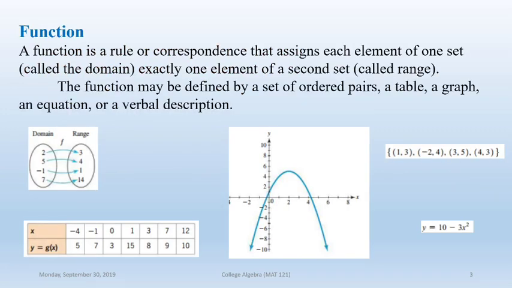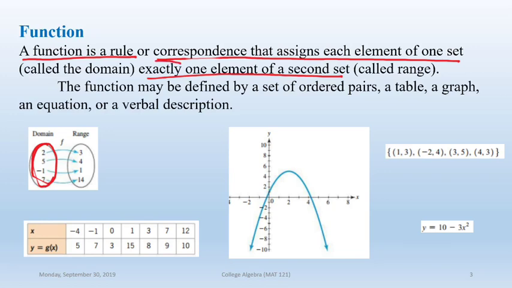Okay, here comes the definition of function. When we define it mathematically, it's a rule, or you can say correspondence, that assigns each element of one set, which is called the domain, like here, this is your first set, to exactly one element of the second set. You have to be very careful here.